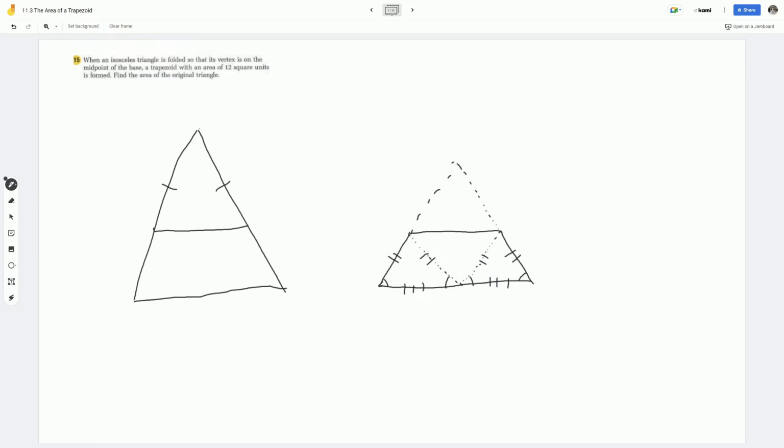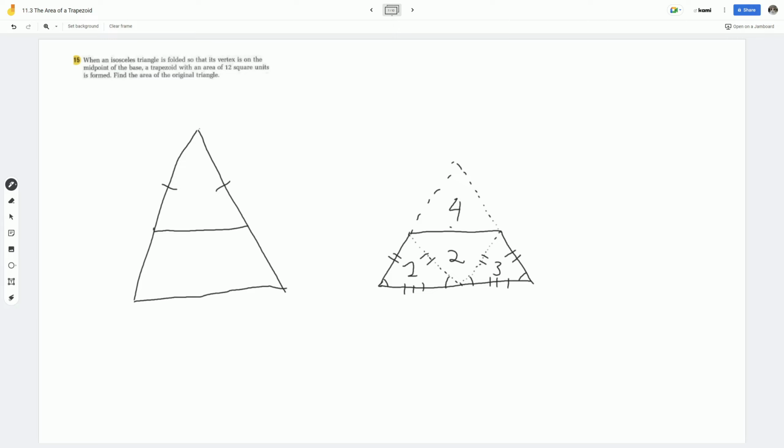We can assume that all of these sides here are congruent. And now we know that triangle 1 is congruent to triangle 3 through side, side, side. However, we're not so sure about triangle 2 yet.